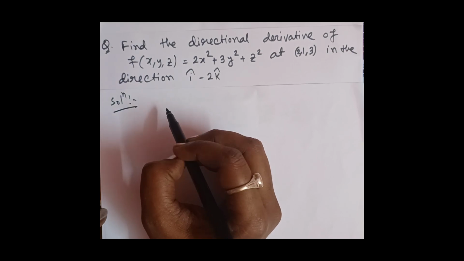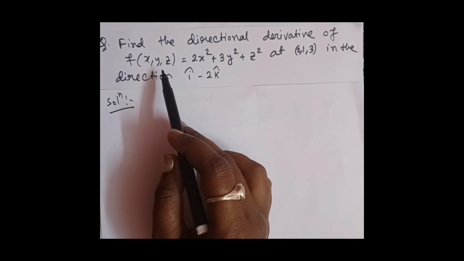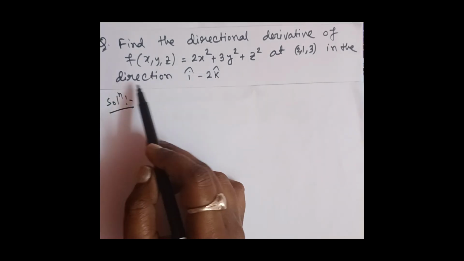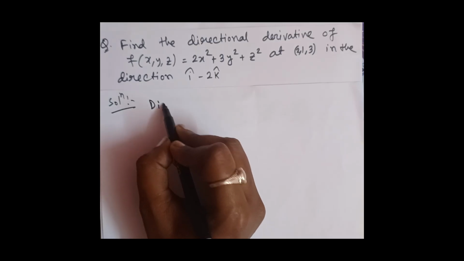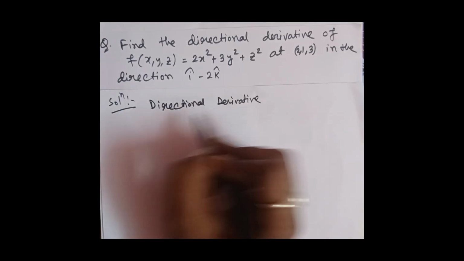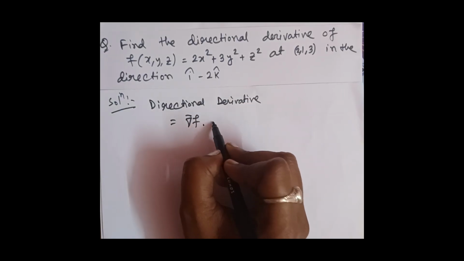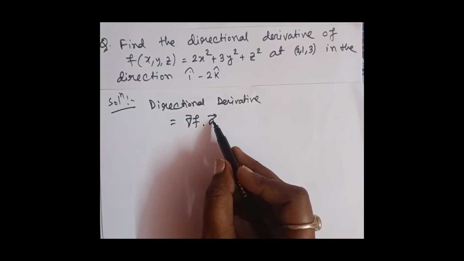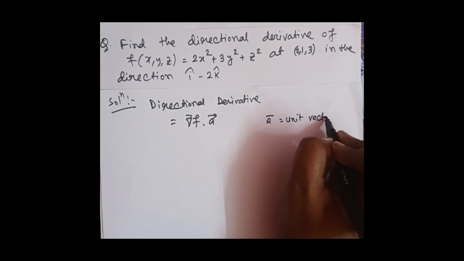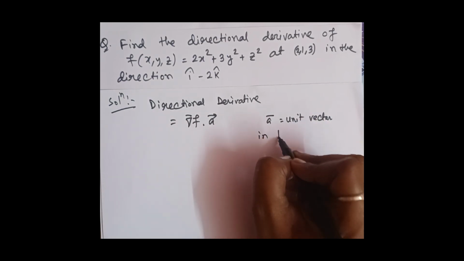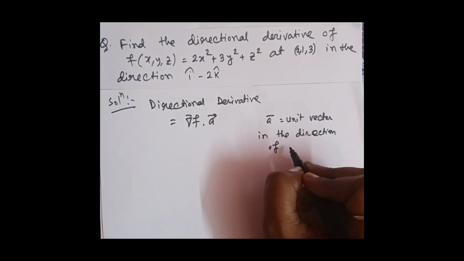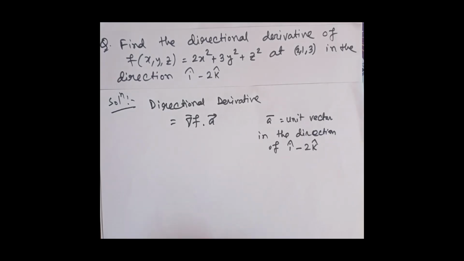See, we know that if f is a given function at the point P(x, y, z) in the direction of this one, then the directional derivative is equal to grad f dot a cap, where a vector is the unit vector in the direction of the given i minus 2k.